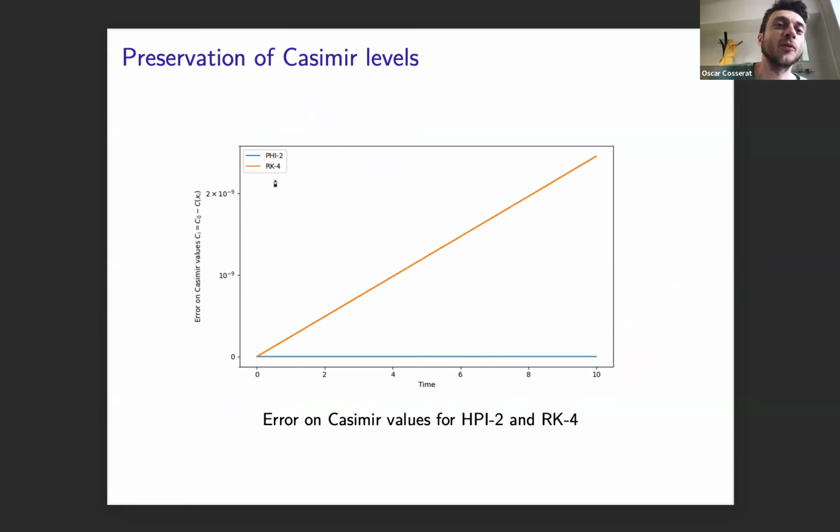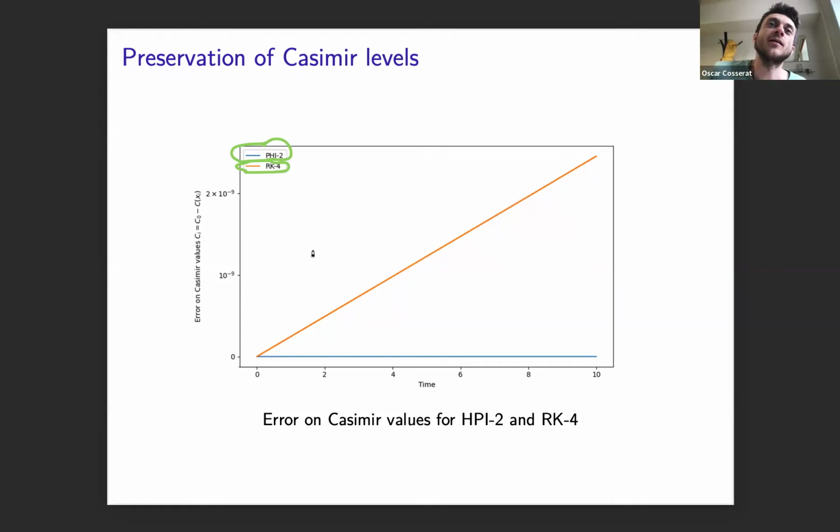So this is the first numerical simulation that says that the Hamiltonian Poisson integrator of order 2 preserves Casimir levels, while the Runge-Kutta method of order 4 does not preserve those Casimirs at all. So what does it mean to preserve the Casimirs? The Casimirs here means to remain on a symplectic leaf.